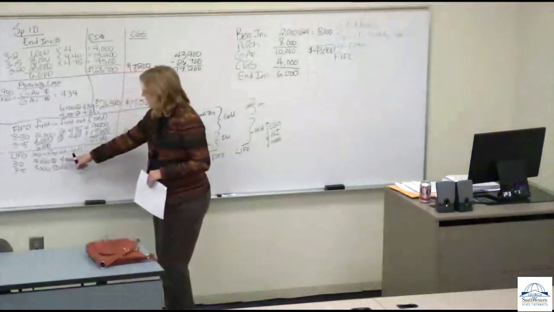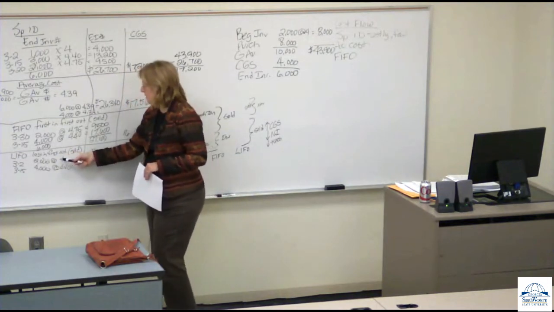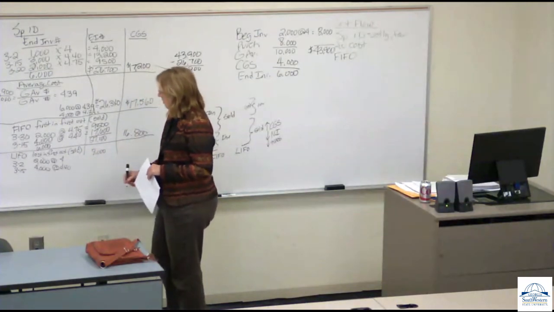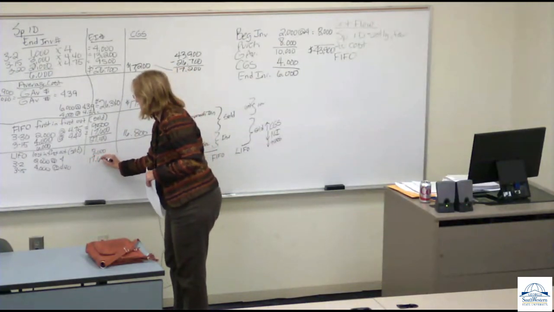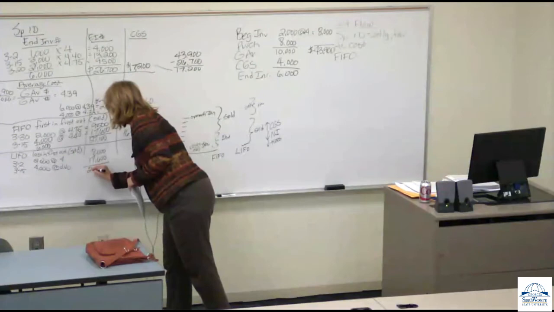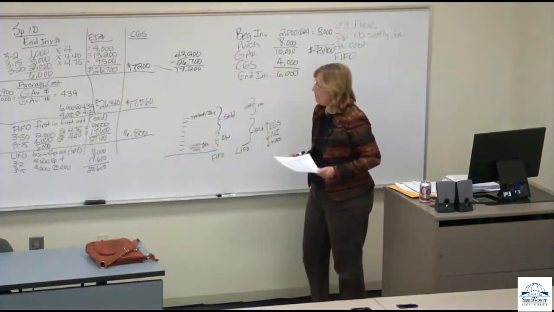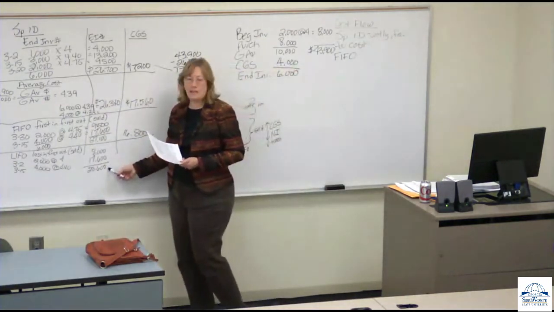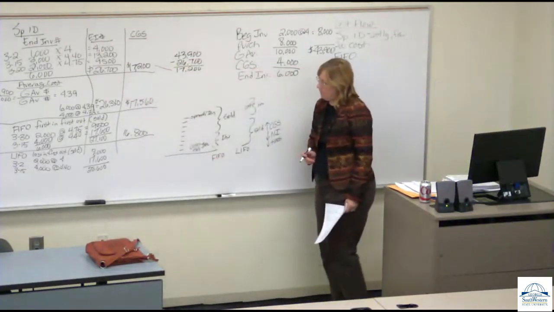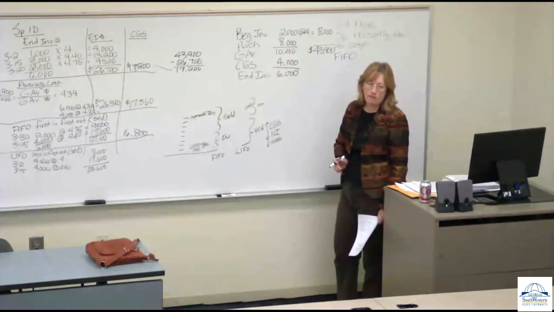So these 2,000, 2,000 times 4 is 8,000. 4,000 times 4.40 is 17,600, right? So that's a total of 25,600. Total of 25,600 in ending inventory, right? Which means the total that's in cost of goods sold, how much is that, Avery?